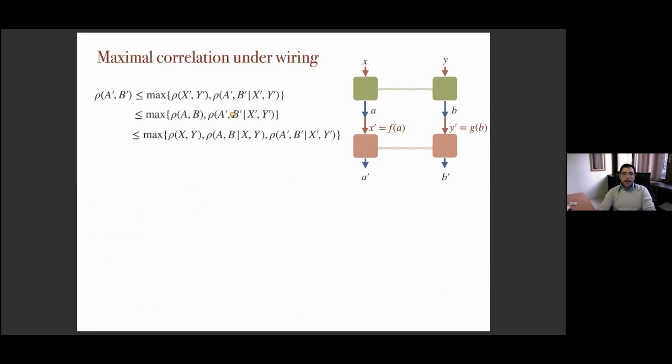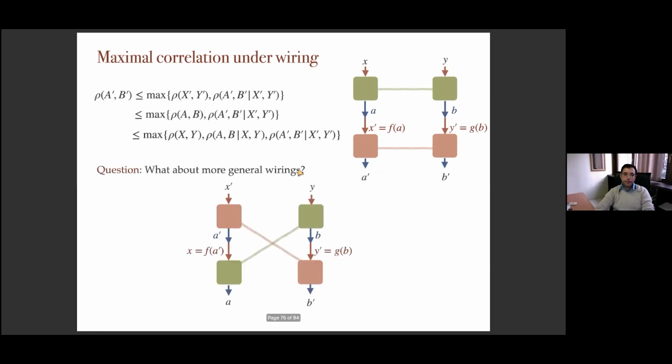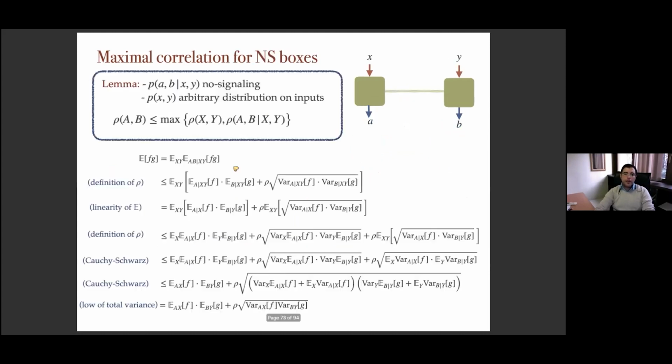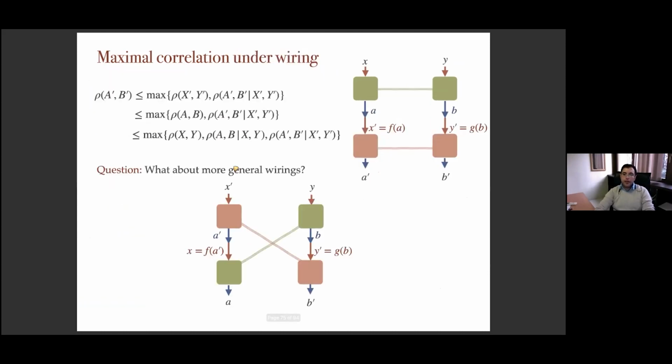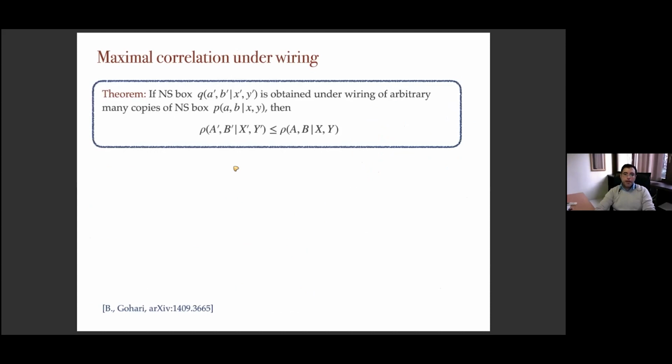And then I can use this lemma to inductively say something about the correlation of these boxes when I wire them together. But more general kinds of wirings cannot be handled by this lemma. It's more complicated than that, but the point is that this is still true.